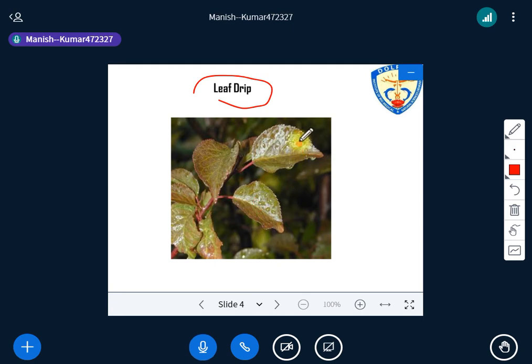When the rainfall is there, the water first falls on the face of the leaf, and then the water drips off the leaf to the ground surface, isn't it? You have already seen this kind of activity from your childhood. Now the same activity has a technical term, that is called leaf drip.